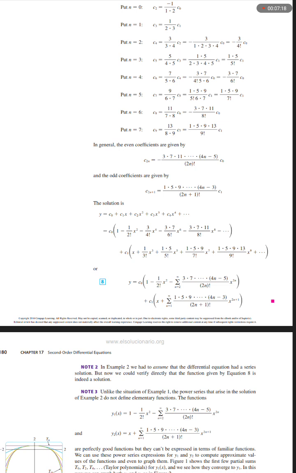c_7 equals 1 times 5 times 9 times 13 over 9 factorial c_1.